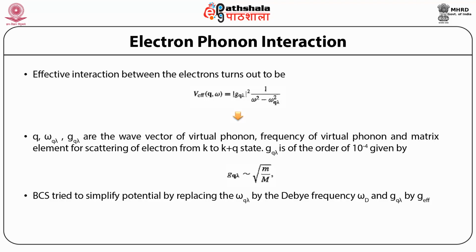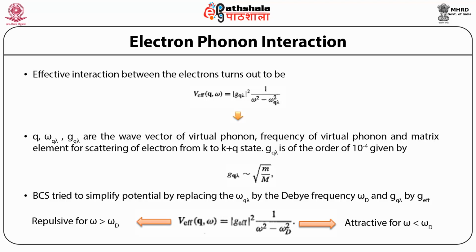This matrix element, this potential, is defined in this way: a repulsive potential exists for omega greater than the Debye frequency omega_D, and it is attractive for omega less than omega_D. So V effective simply changes sign in these two limits, repulsive and attractive.